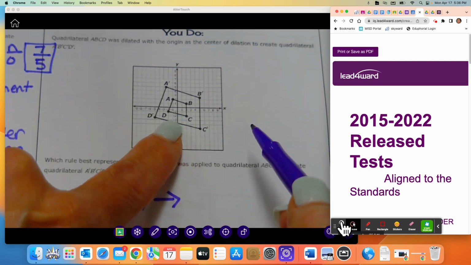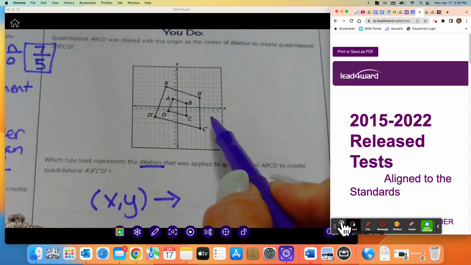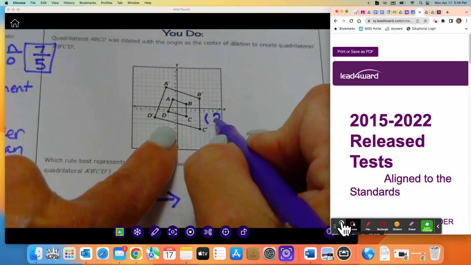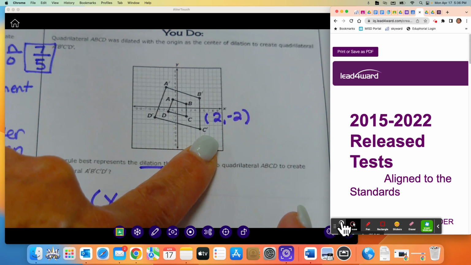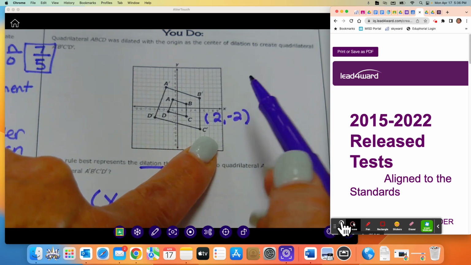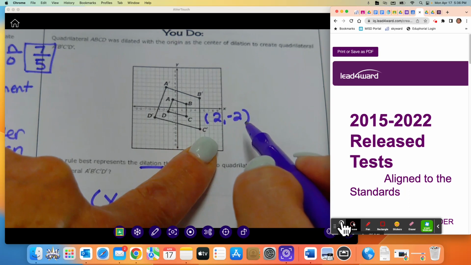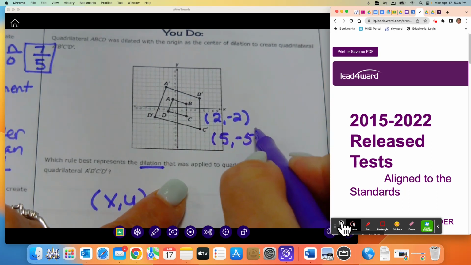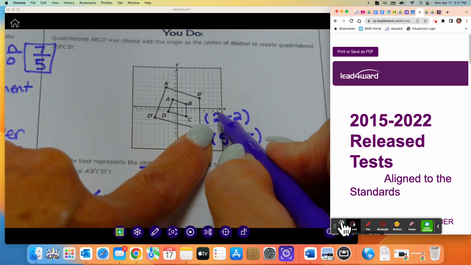Looking at C, we're going to go over to 2, and then we go down 2. So C is at 2, negative 2. And looking at C prime, we go over to 5, and then we go down to 5. So 5, negative 5. This is the original.